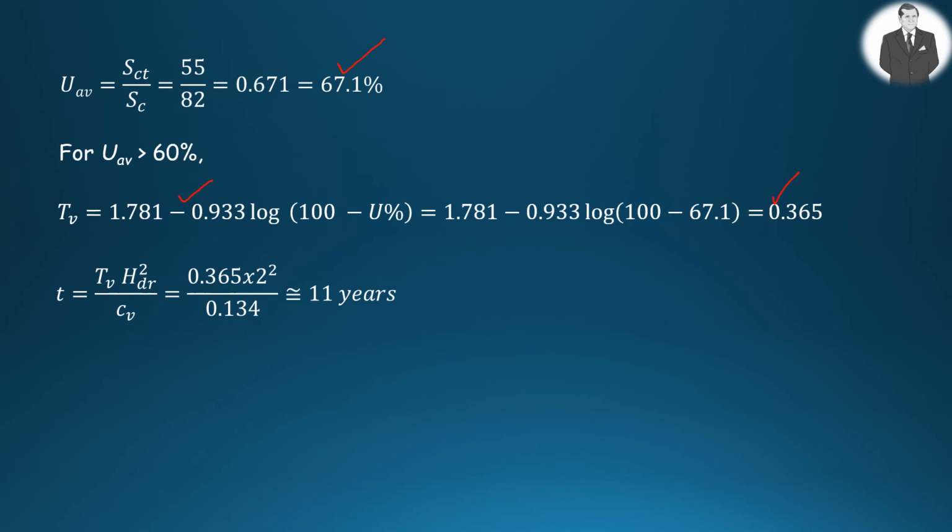Now, based on the drainage path, the time factor, and the coefficient of consolidation of the clay layer beneath the foundations, the time needed for 55 millimeter differential settlement will be around 11 years.